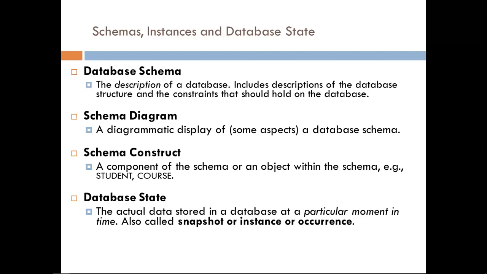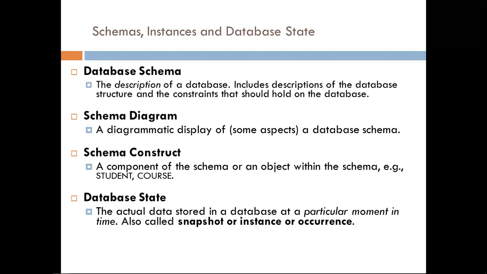So in the schema diagram, we have 2 things: the column headers of all the tables, and the arrow marks that indicate the relationships between the tables. That pictorial representation is called a schema diagram.